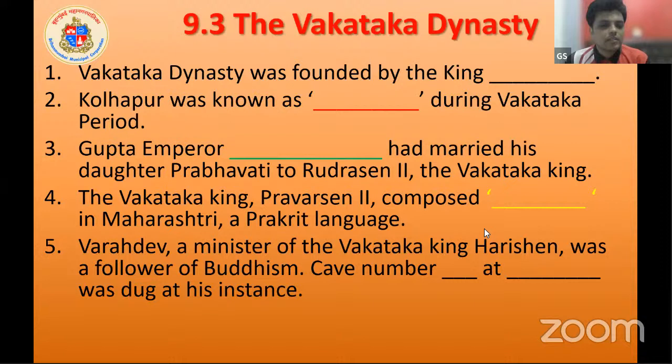Cave number 16 at Ajanta was dug at his instance. Instance means when he was present, cave number 16 in Ajanta was being dug, and it was dug during this Vakataka period. Correct. Absolutely right. Very good, students.